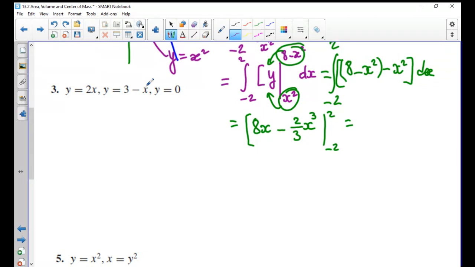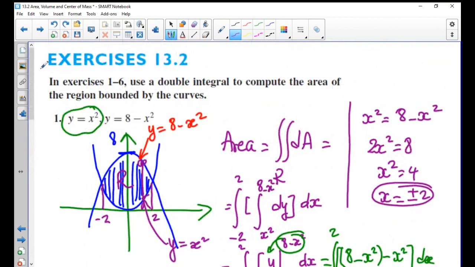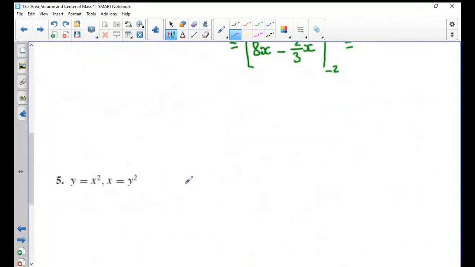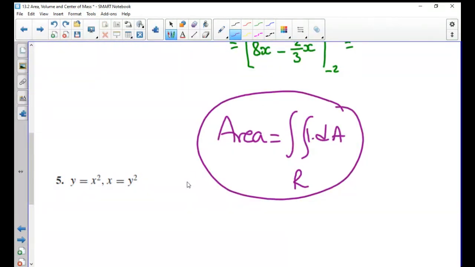Yeah, if you want the area, remember the rule for area: the area of a region R is the double integral over R of dA, nothing, which means just the function, it's like 1 here.